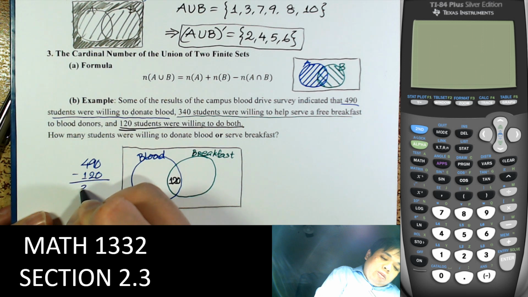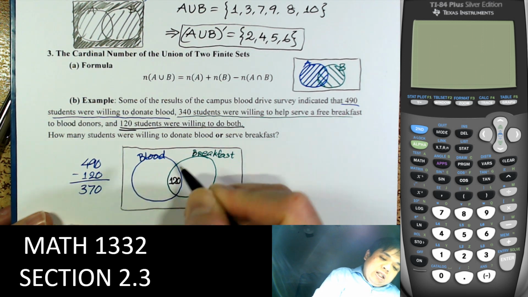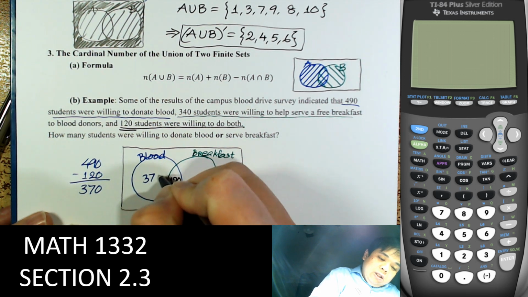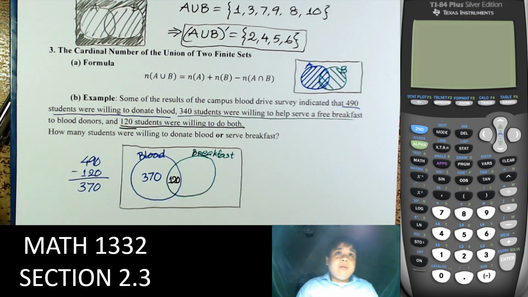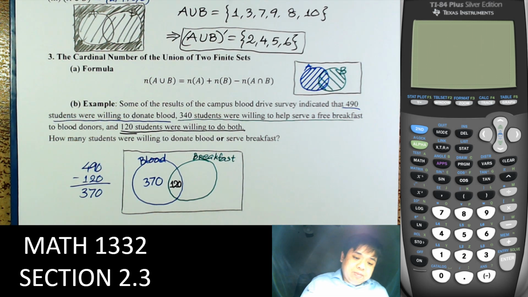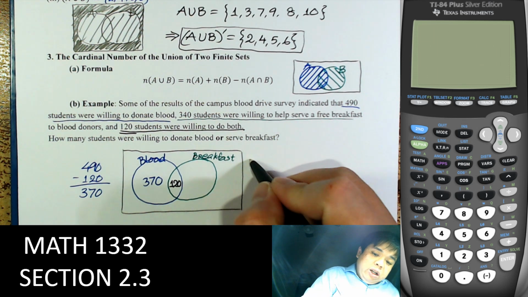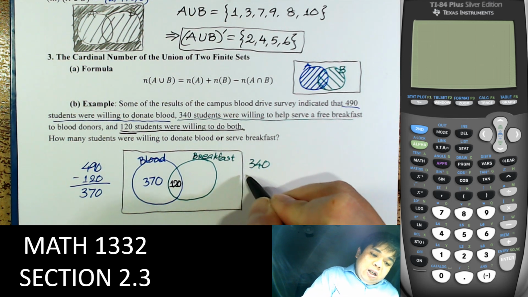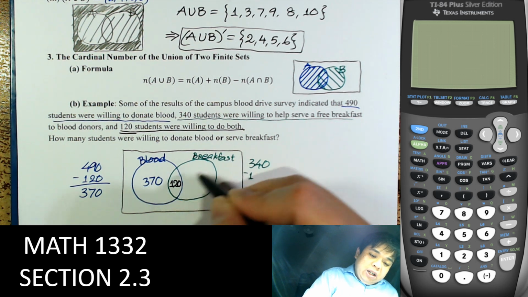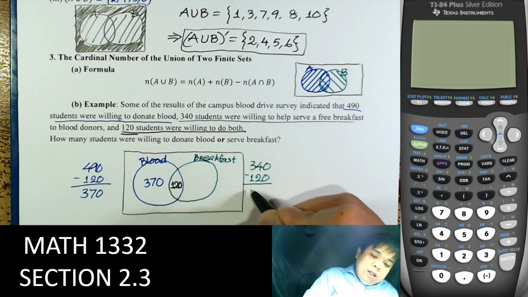We have 370 donate blood only. And then for breakfast, 340 willing to serve breakfast. I have to subtract the 120, that overlapping. I have 220.